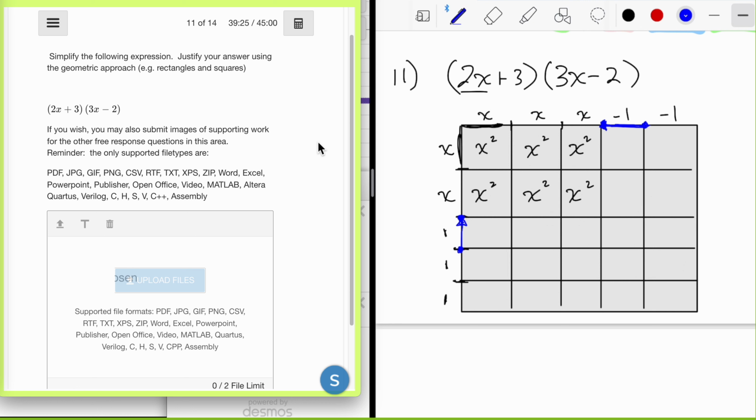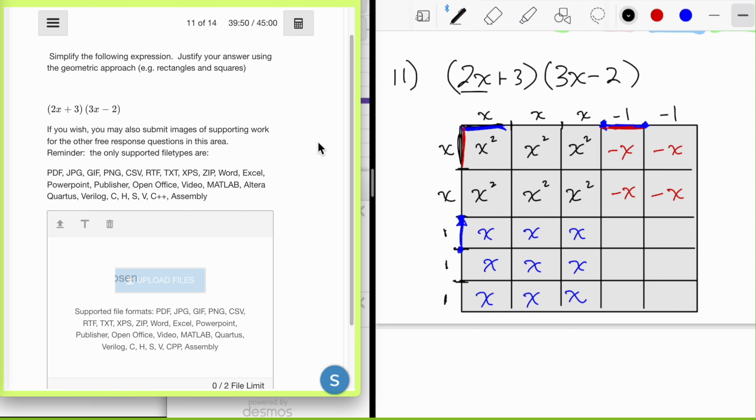So then we go through and we label it all up. We have an x by 1, so x, x, x, x, x, x, x, x, x. Then we have here x by -1, so -x, -x, -x, -x.